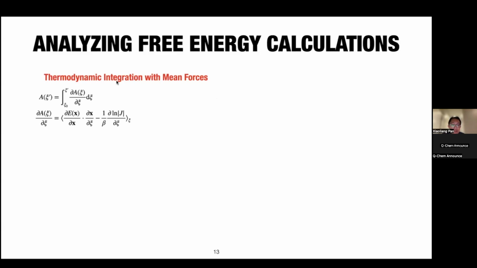The benefit of doing that is now we have the explicit energy term in this mean force expression. Then with the total energy, we can just do energy decomposition into different terms, for example the QM/MM interaction energy and also the MM energy itself.